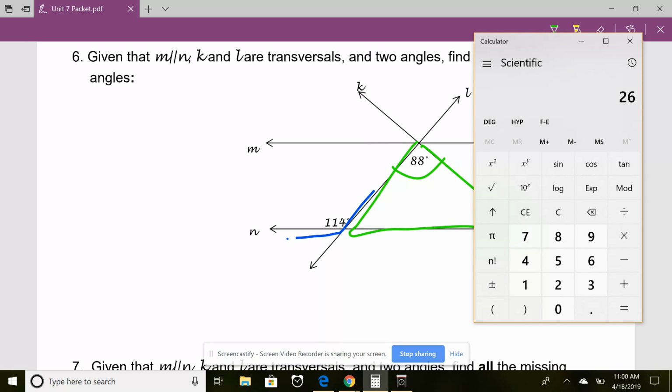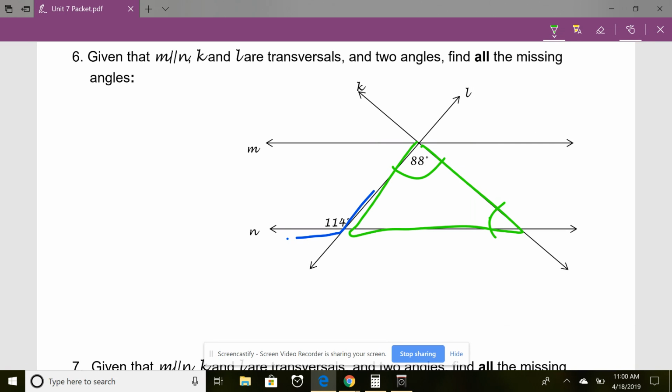Minus 88 is 26 degrees. So this is 26 degrees. And any way you can possibly figure out the other angles, again, there's multiple ways to come up with these numbers. I usually go for the vertical angles first.